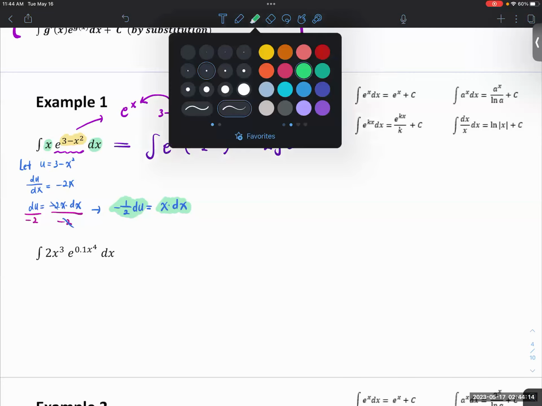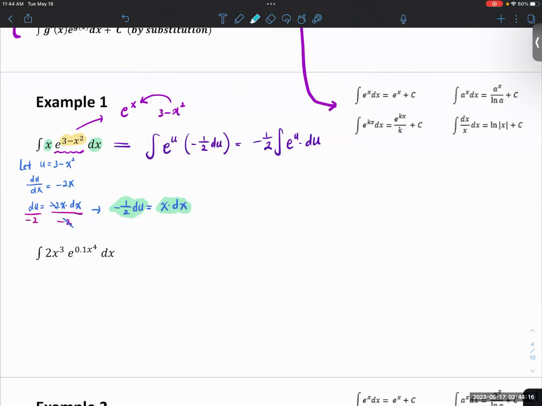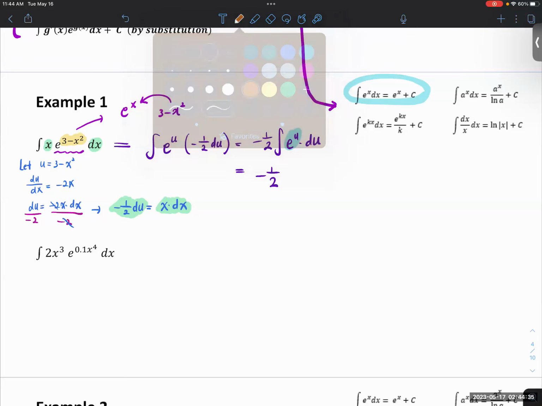So watch me. You are taking the integral of e to the u, the integral of an exponential function. So e to the u is going to be the same e to the u after you take the integral. So negative 1 over 2, you're taking that integral, it's the same e to the u. That's it. And then plus a c.